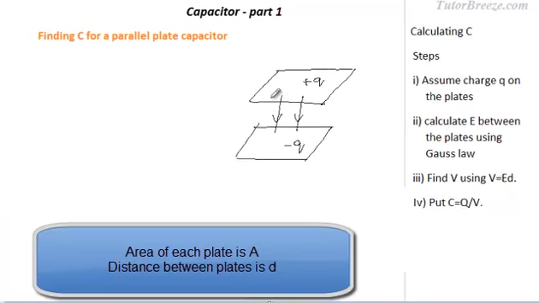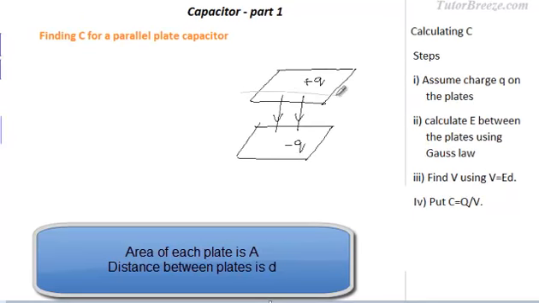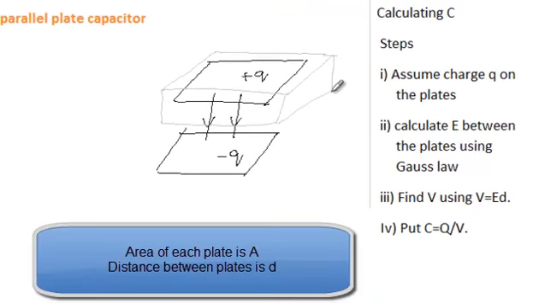So we'll take a Gaussian surface, which is a closed surface like this. Actually this Gaussian surface is fully enclosing this plate. The Gaussian surface is in the form of a cuboid. So you have this cuboid over here which fully encloses this charge.